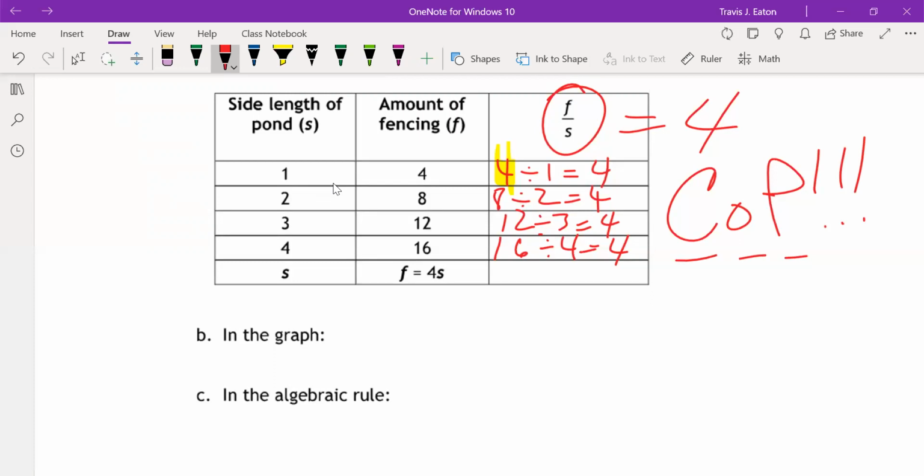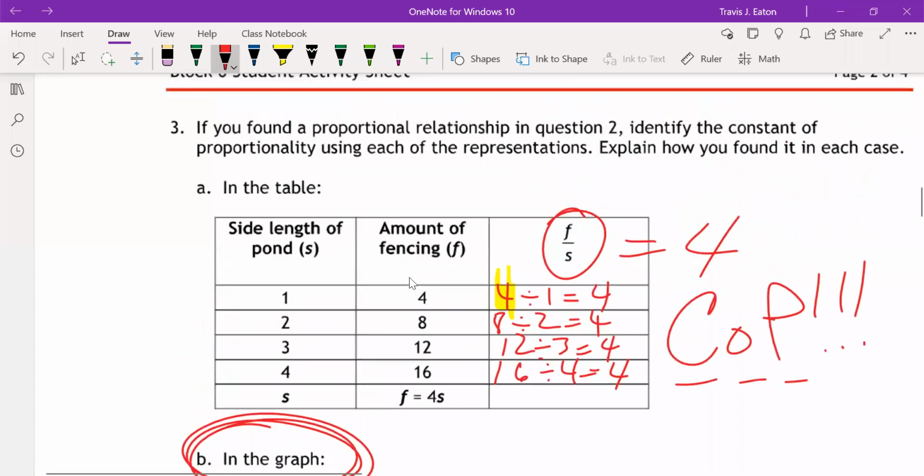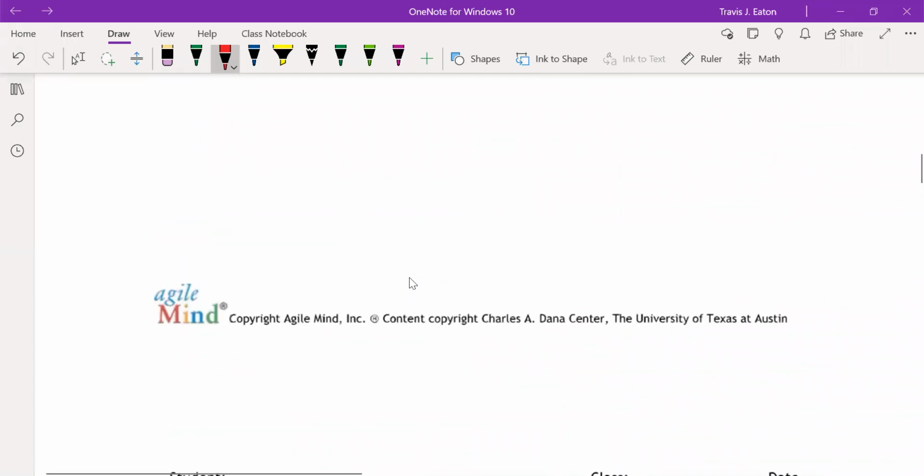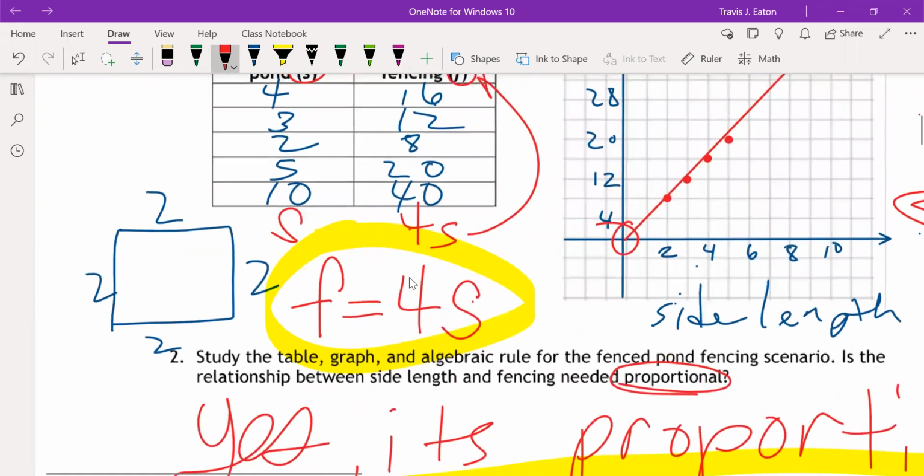Okay. How do we find the constant of proportionality in the graph? If we go to look at the graph, how do we find it? Let's scroll back up and look. Okay, here's our graph. Where's the constant of proportionality? Well, remember it's here. When x is 1, you go up to the line, you go over, look, there's the constant of proportionality. When x is 1, y is the constant of proportionality.